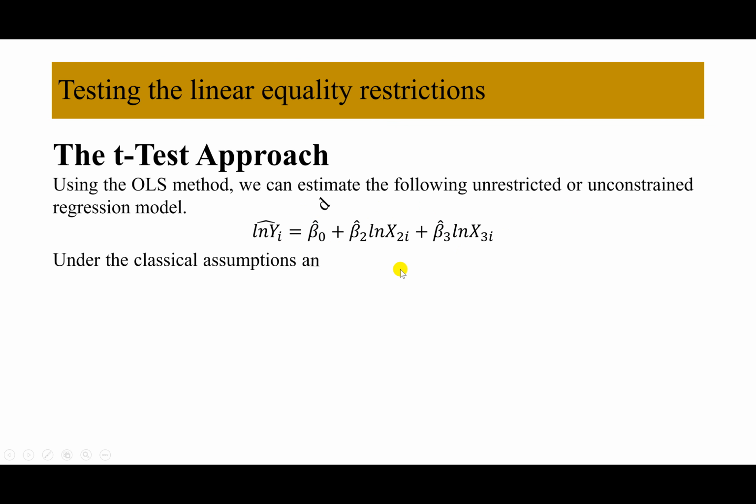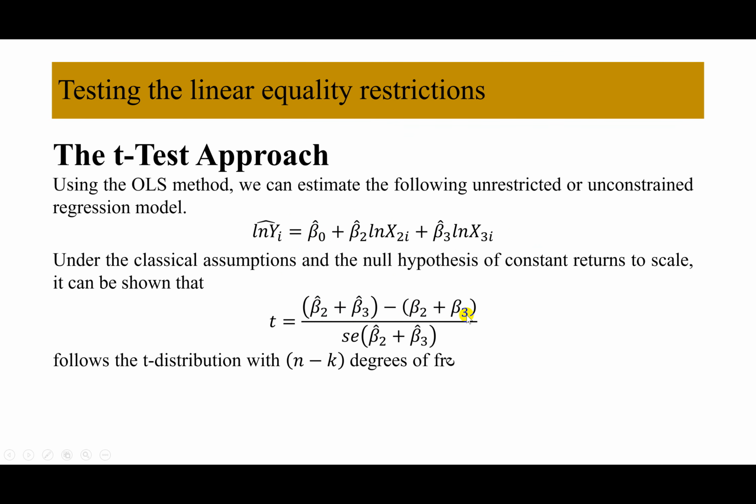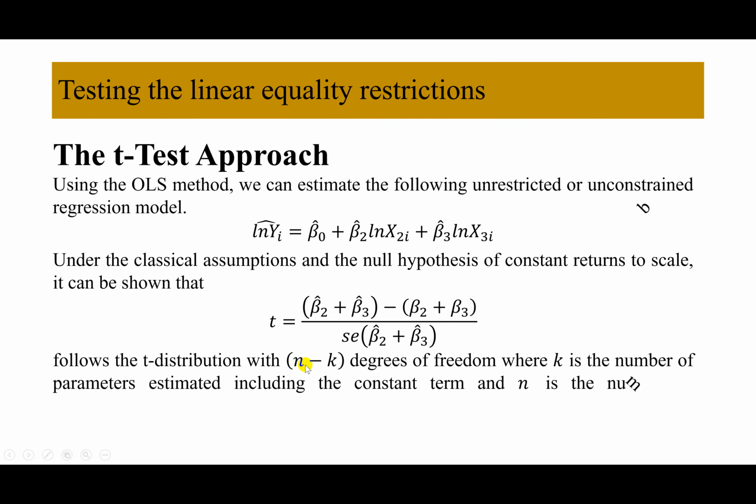Under the classical assumptions and the null hypothesis of constant returns to scale, it can be shown that t equals beta hat 2 plus beta hat 3 minus (beta 2 plus beta 3), divided by the standard error of (beta hat 2 plus beta hat 3), follows the t distribution with n minus k degrees of freedom, where k is the number of parameters to be estimated including the constant term, and n is the number of observations.